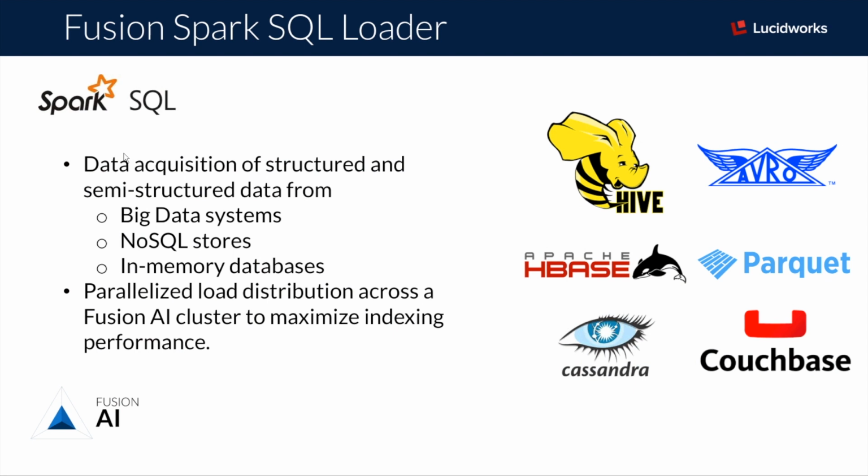These include big data systems and file formats such as Hive, Avro, HBase, and Parquet, NoSQL databases like Cassandra and Couchbase, in-memory databases like Redis and Riak, and of course, analytics data stores such as Google BigQuery and Azure Data Lake. It provides parallelized load distribution across a Fusion AI cluster to significantly maximize data indexing performance.